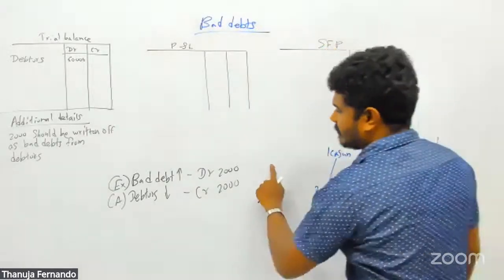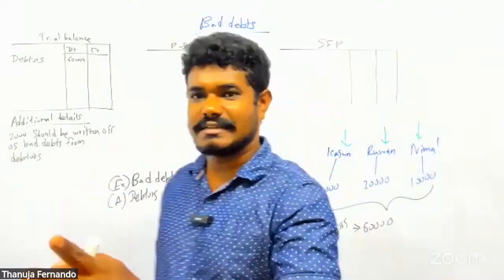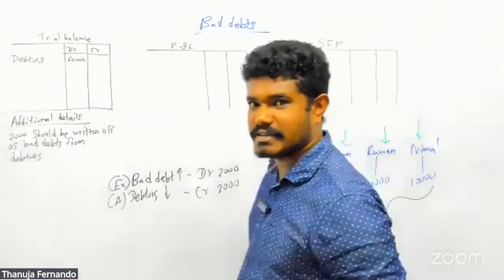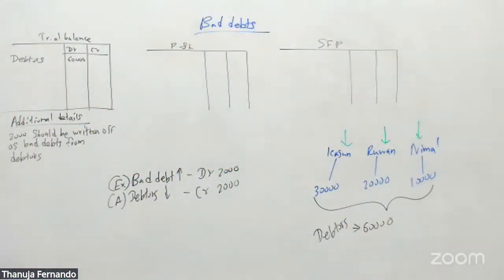First effect: bad debts is an expense, so we have to record this in the profit or loss. Bad debts is which kind of expense? Tell me someone. Distribution expense.